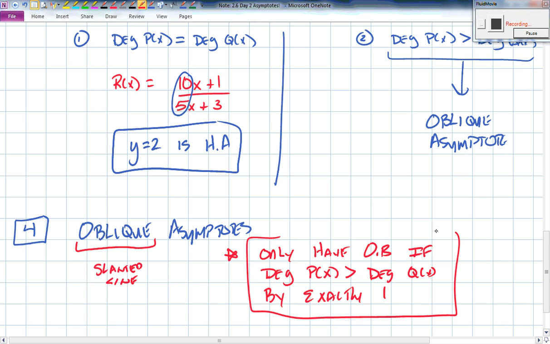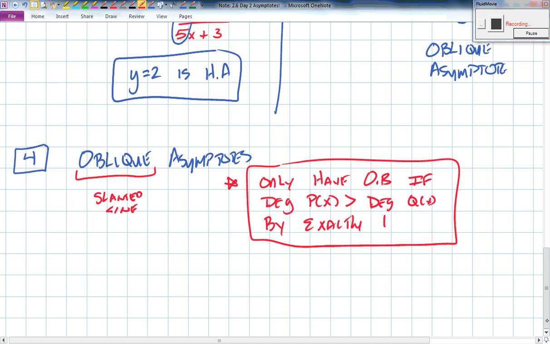So there's your disclaimer. You only get oblique if the degree of your numerator is greater than the degree of your denominator by exactly 1. Otherwise, if it's a difference of 2, you get a quadratic asymptote, which we don't cover in this class.